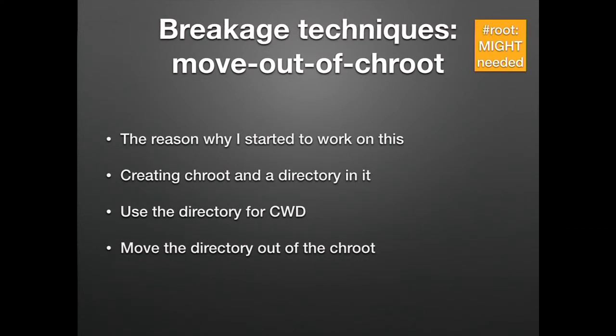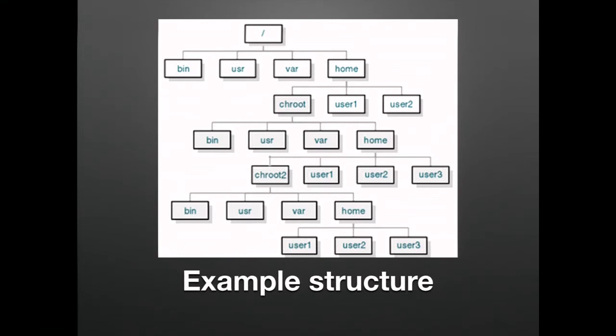So this is a little bit tricky technique, but really easy to understand. Let me show you again. So we have the original environment, inside the chroot environment, and like before, we are executing a process that is forking. There will be one process chrooted in that chroot environment. The other one is chrooted in the second environment.